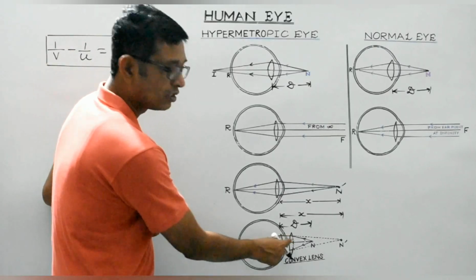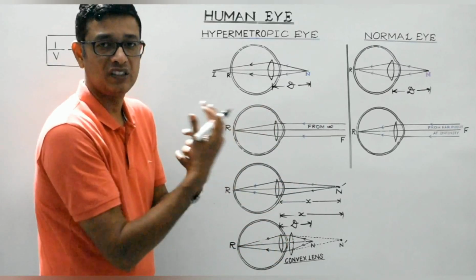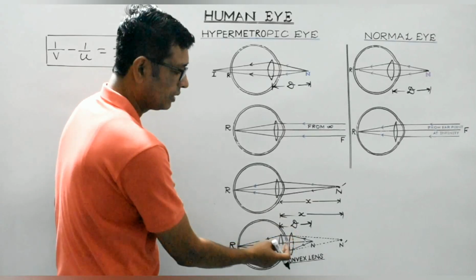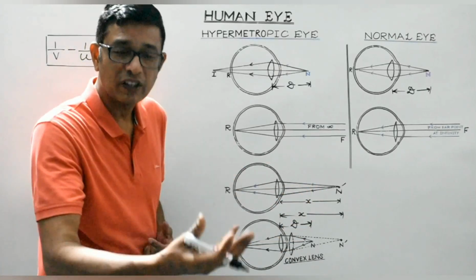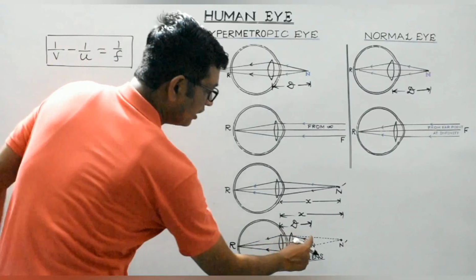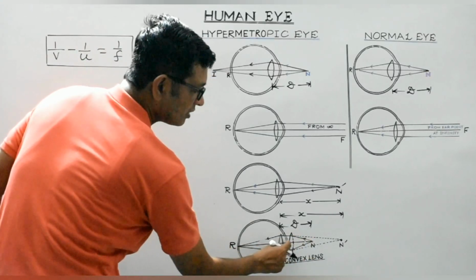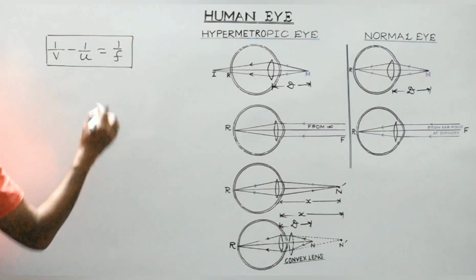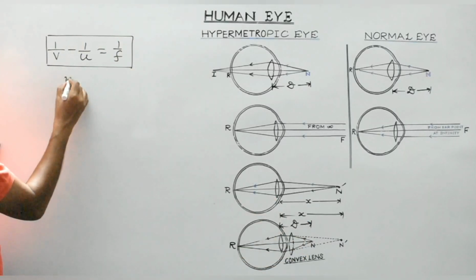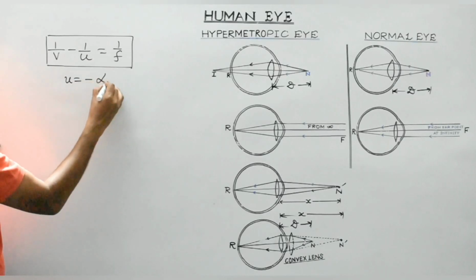So they may be considered to be vanishingly close to each other. So the distance may be considered to be measured from the eye lens or from the optical center of the convex lens which we are using. So here, the distance of the object from this eye lens or from the optical center of this convex lens can be considered to be D. So u is equal to minus D.